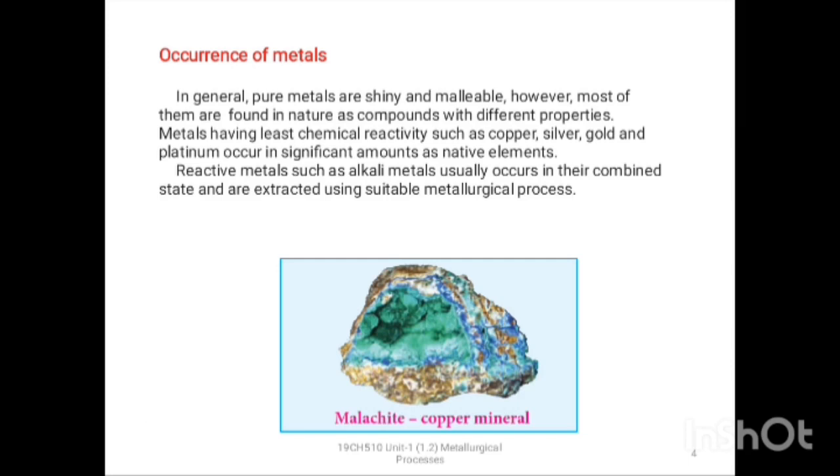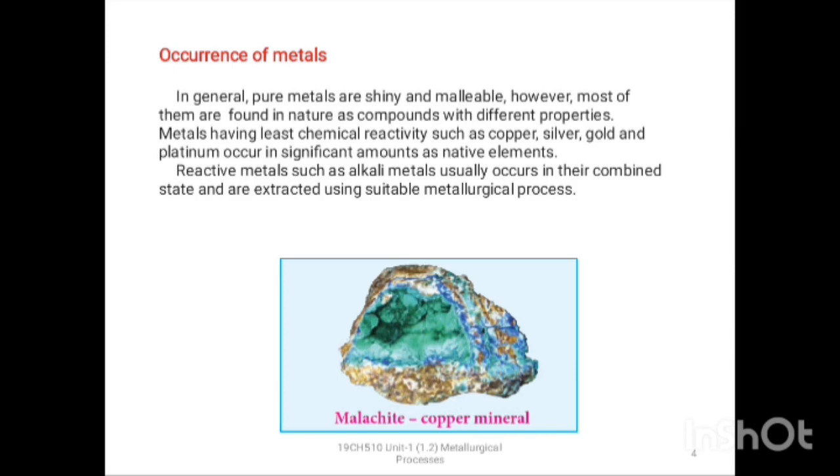Now, the occurrence of metals. First, we have to find out from where we can get the metals. In general, pure metals are shiny and malleable. However, most of them are found in nature as compounds with different properties. For example, metals having the least chemical reactivity, such as copper, silver, gold and platinum, occur in significant amounts as native elements.